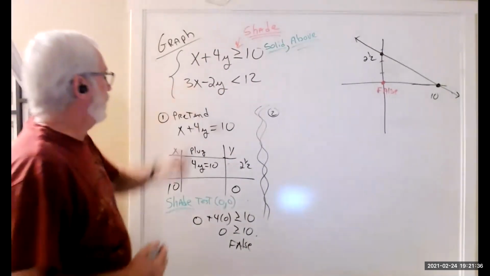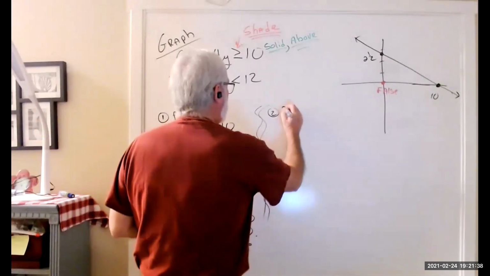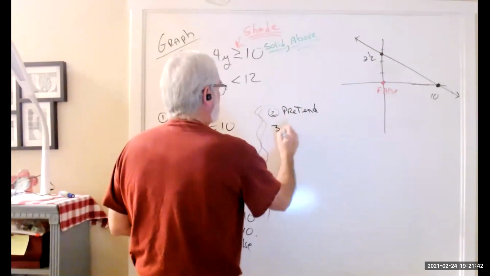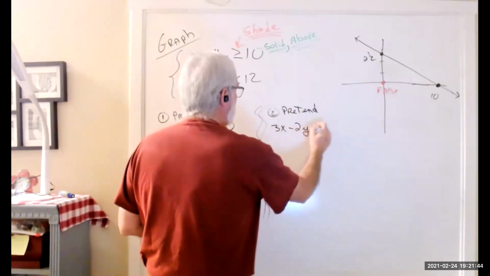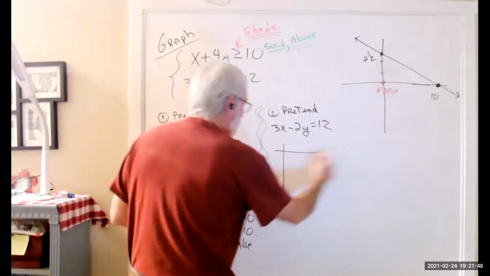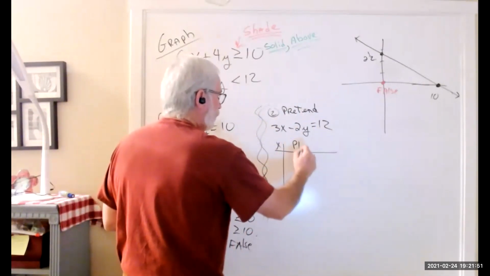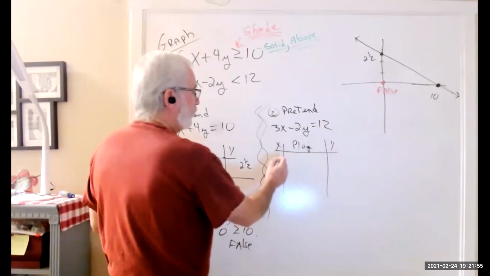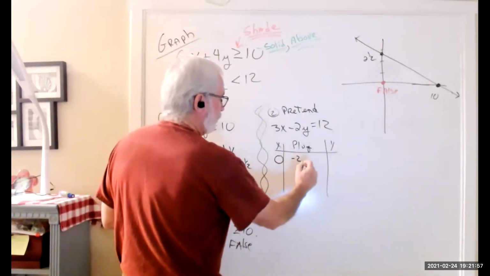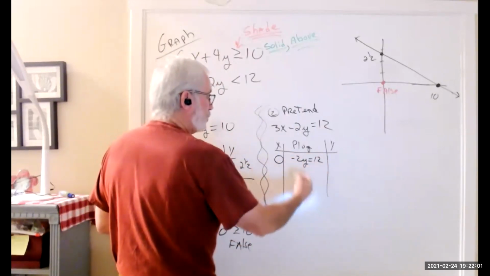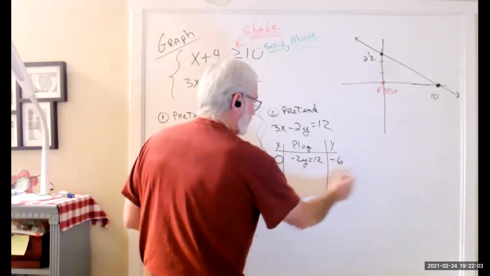All right. So now we move to number 2. And again, for number 2, we pretend 3x minus 2y equals 12. Again, my bias says go to a table. When x is 0, I get negative 2y equals 12. Divide by negative 2: 12 divided by negative 2 is negative 6.